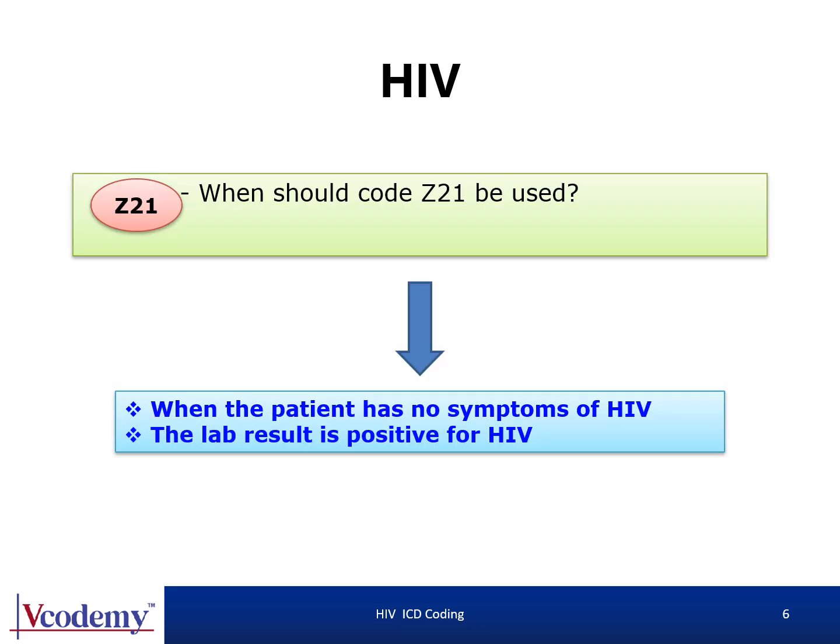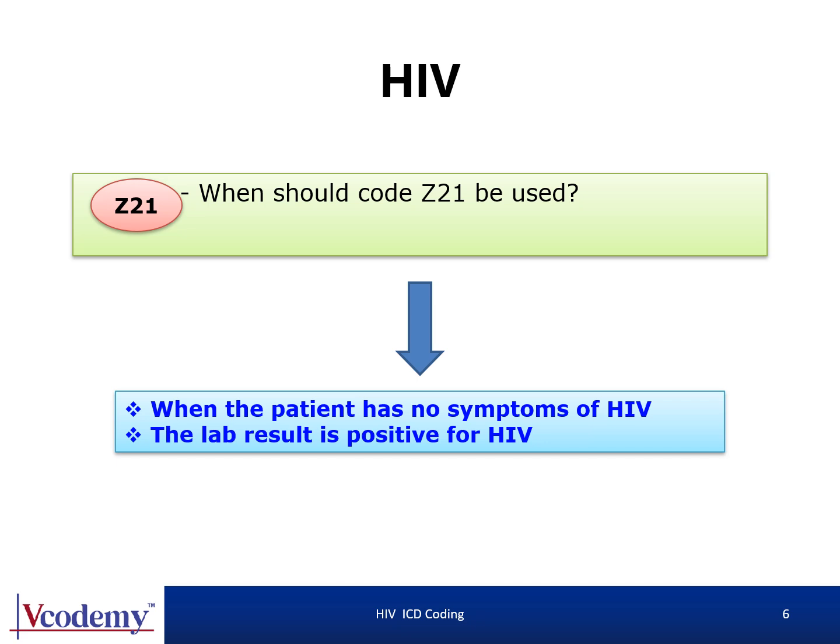When should code Z21 be used? If a patient with documented HIV positive status is currently managed on antiretroviral medication, assign the code Z21, asymptomatic human immunodeficiency virus HIV infection status, in the absence of any additional documentation of HIV disease, HIV related illness, or AIDS.